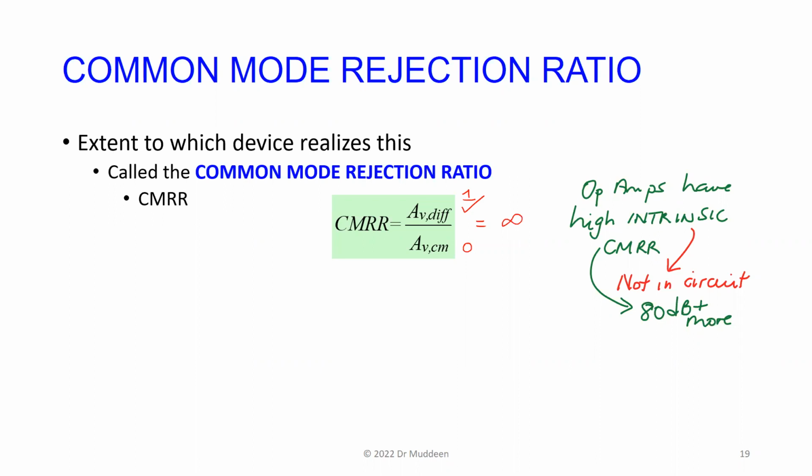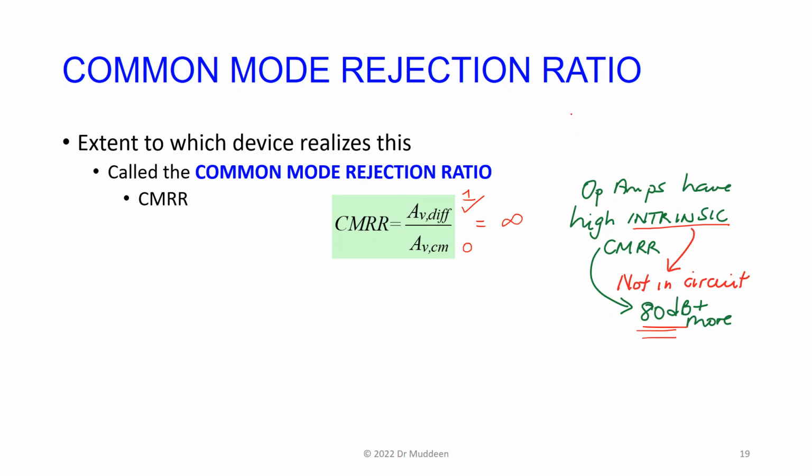Most op-amps, when the op-amp is not in a circuit, in other words you haven't plugged it into anything, have a very, very high intrinsic common mode rejection ratio. Because the numbers are so big, they tend to specify the value in a unit called a decibel. We're going to meet that more and more.